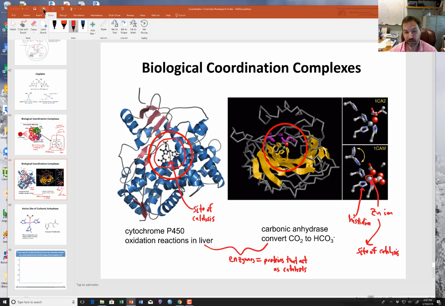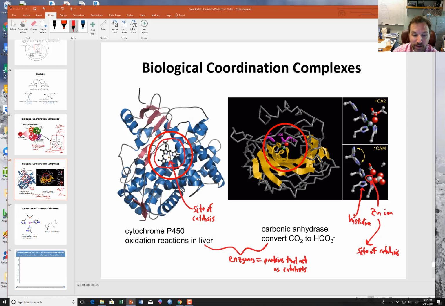You have to remember, a catalyst's job is to help reactions take place, which tend to be slow, and a catalyst speeds up that reaction, so the reaction is more efficient at room temperature. So remember, we're not changing the thermochemistry, we're not changing the thermodynamics, but we're just speeding up the reaction.